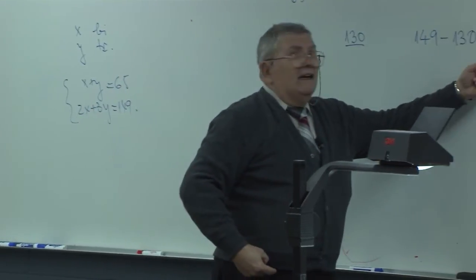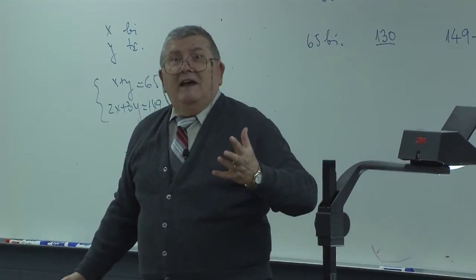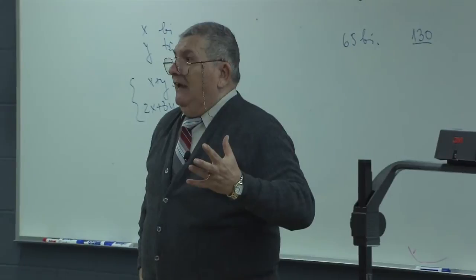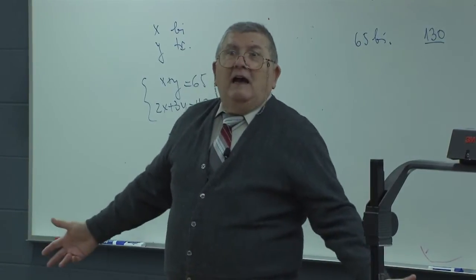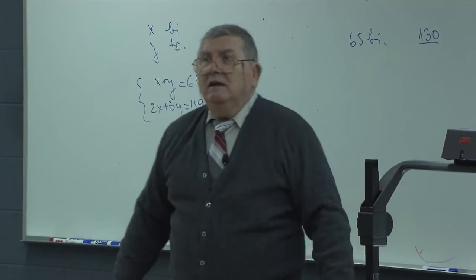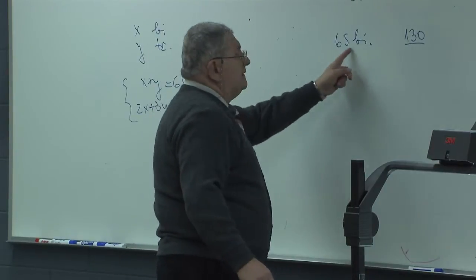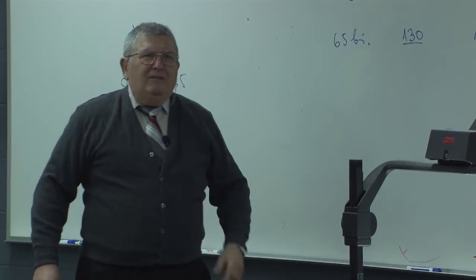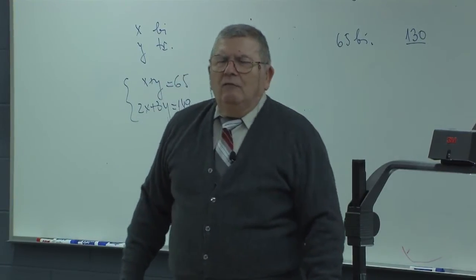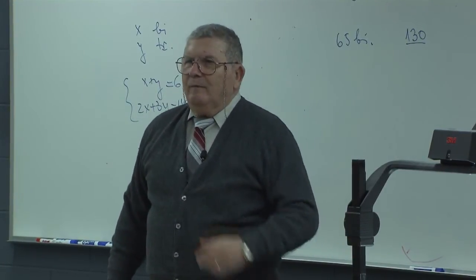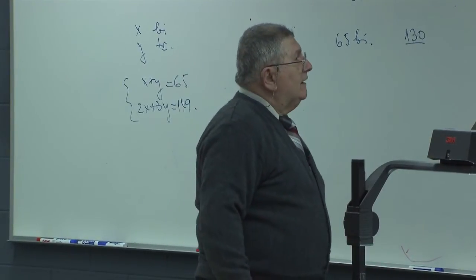So why are there 19 more wheels? Because we replaced a bicycle by a tricycle 19 times. So there are 19 tricycles, and how many bicycles? 65 minus 19, 46 bicycles. Yes?